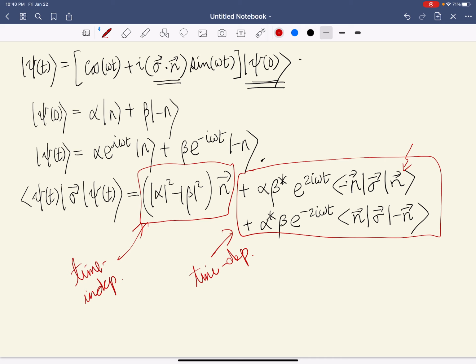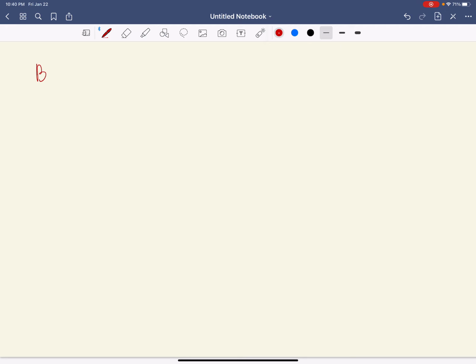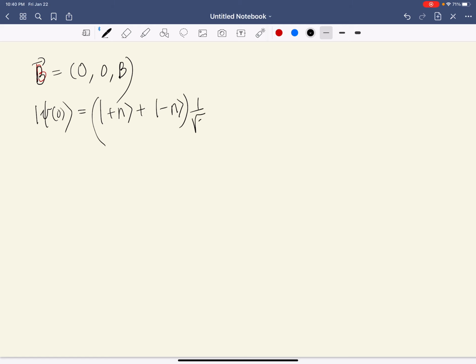Let's pick some axis. Maybe the simplest choice we can make is to have the B field along the z-axis, so that the B vector would be 0, 0, B, and then perhaps prepare the initial state to be plus n plus minus n, so it's an equal mixture of the two states.